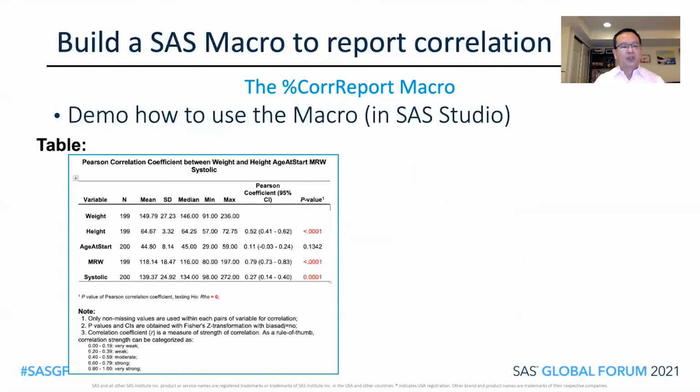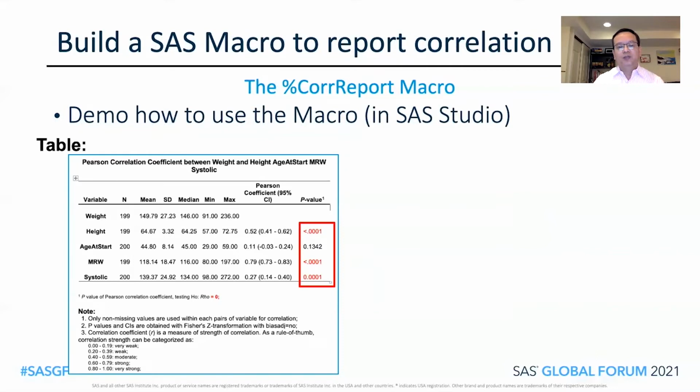So this is the example outcome from running this macro. This is a table, and you can see it has all the variables in rows, and it provides the summary statistics, and then this is the correlation coefficient with the 95% confidence interval. And then there's another column to provide the statistical test results.